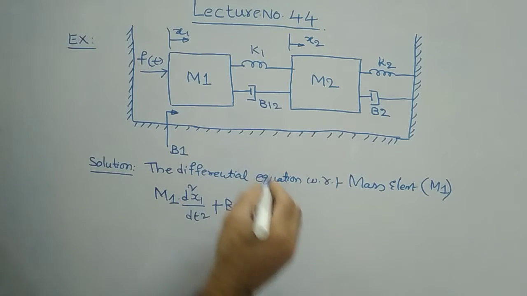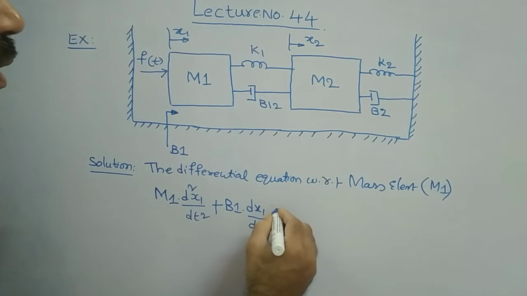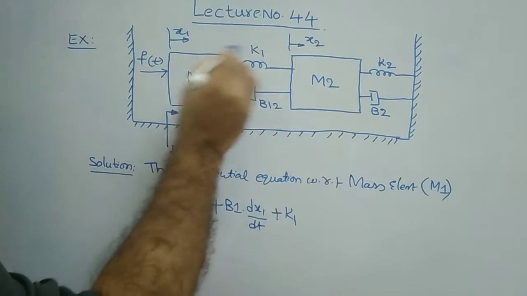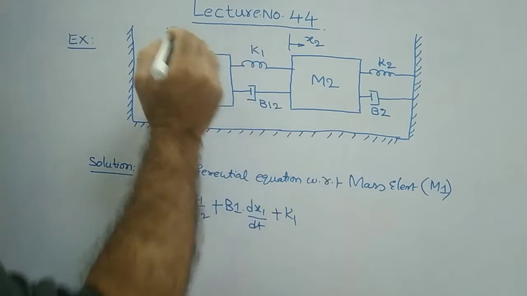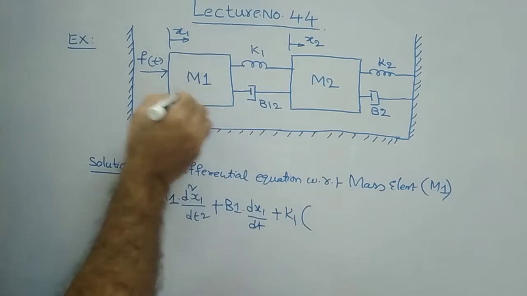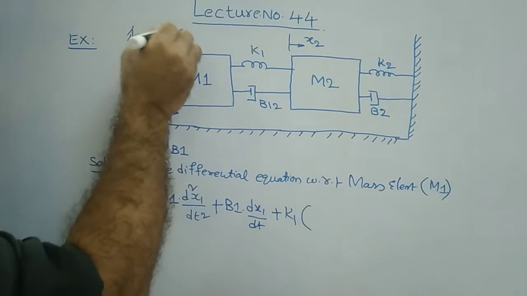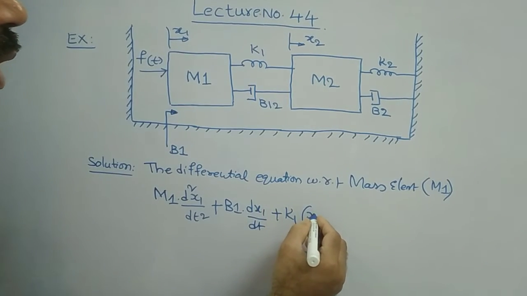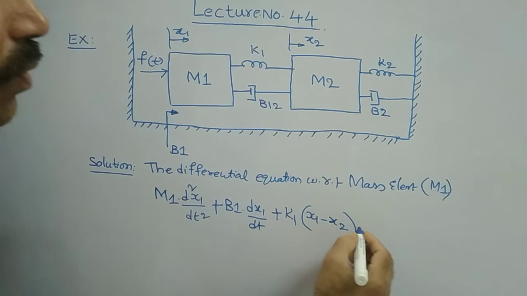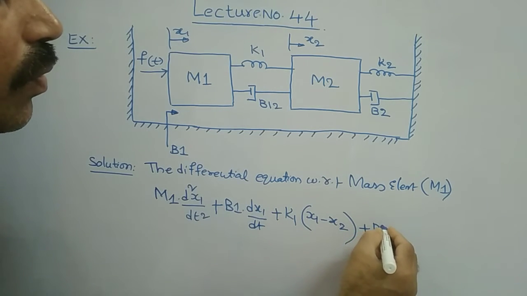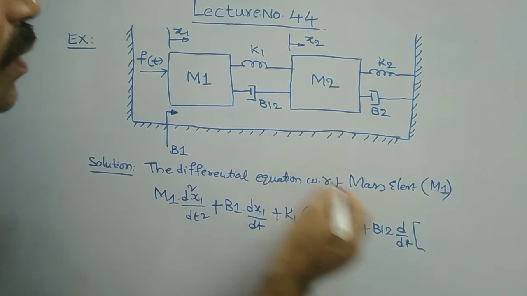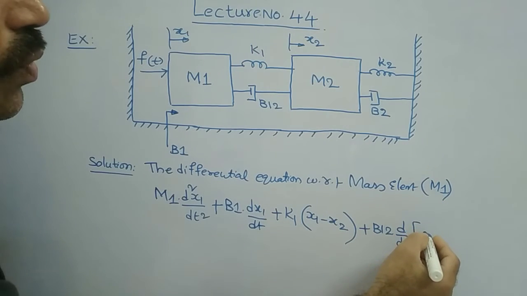Then k1, which is common between those two blocks, so you write k1 into x1 minus x2, as we are considering block 1, therefore you must write the first displacement first. Then plus b12 d by dt of x1 minus x2.